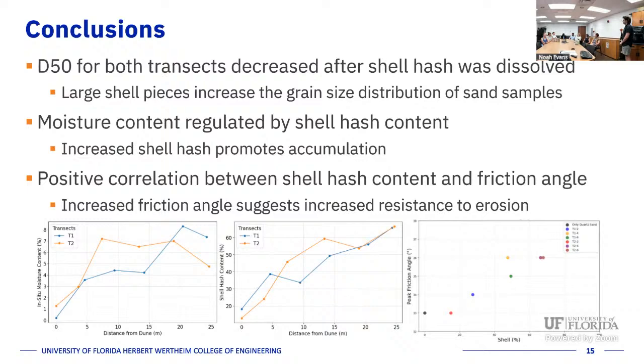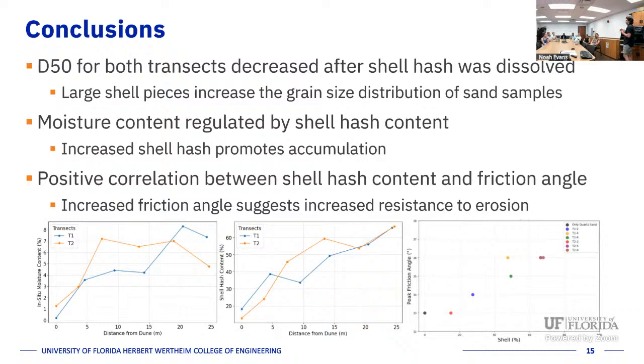So, do you guys have a question? I enjoyed the presentation. Do you recommend that, across Florida, since we're trying to save our beaches, we should include shell hash in their construction? It's a great question. From conversations I've had with people in industry and dredging, a lot of times shell hash is usually just considered large shell fragments.